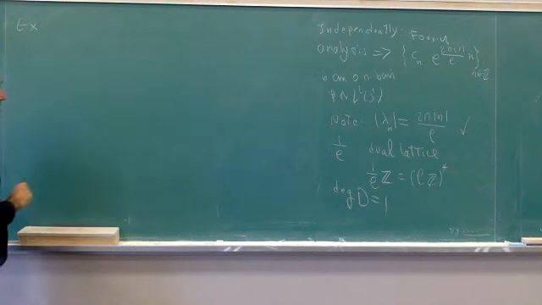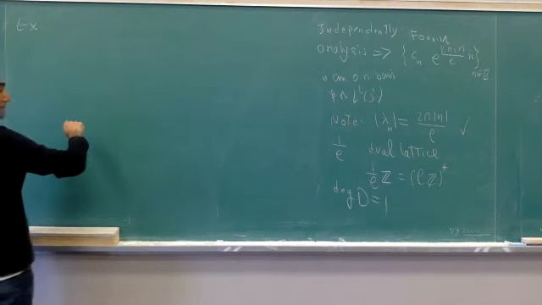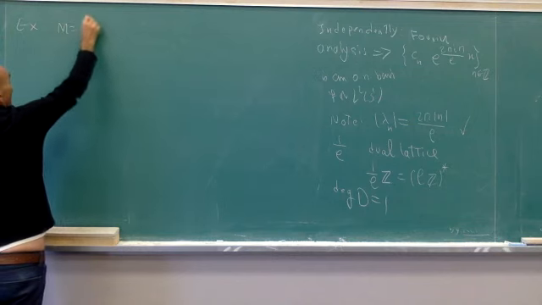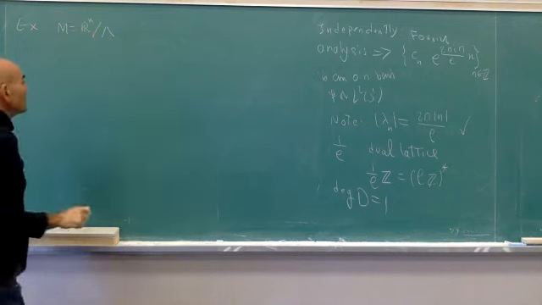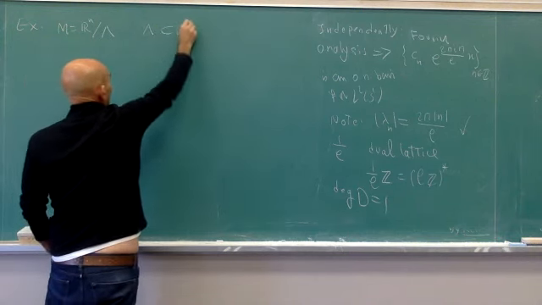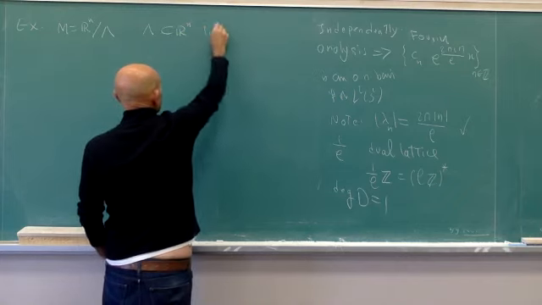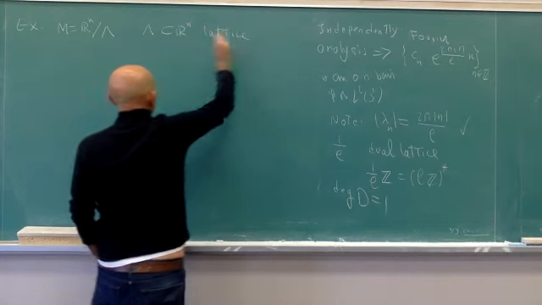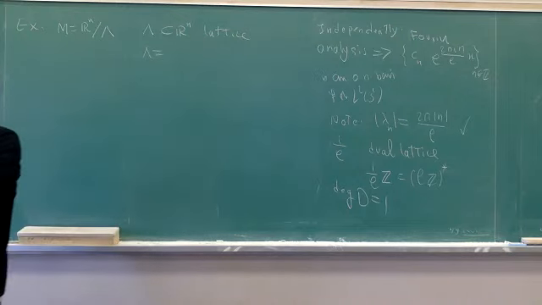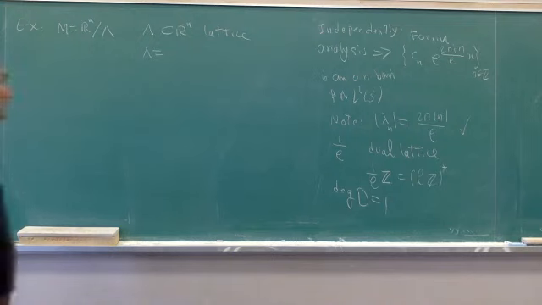As I said, we can look at Rn divided by lambda, where lambda inside Rn is a lattice. In other words, there exists a basis, not an orthonormal basis, just n linearly independent vectors.